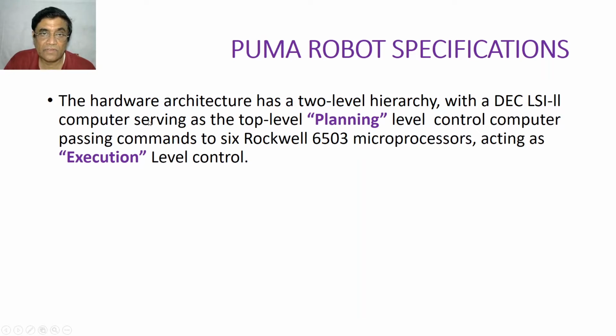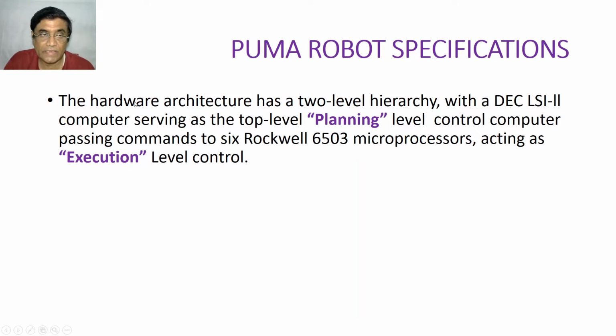And then the hardware architecture has two levels of hierarchy. It has a DEC LSI-2 computer serving as the top level for planning activities, where you are solving inverse kinematics and, as you will see afterwards, trajectory planning. If you have obstacle avoidance in the trajectory, that algorithm also will work on it.